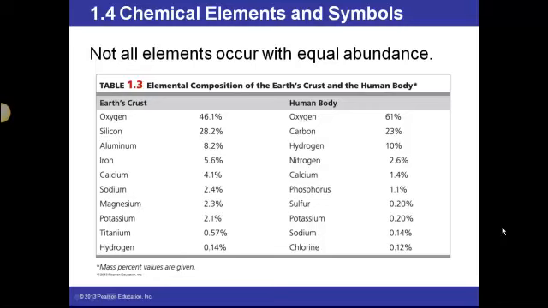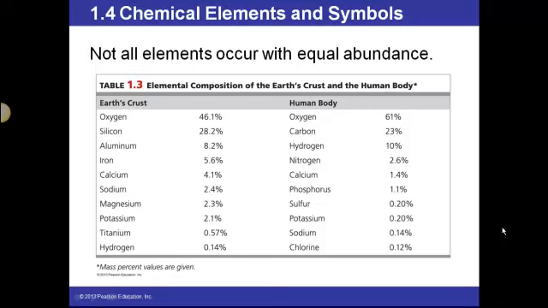So you can see oxygen makes up about 46% of all of the atoms that occur within the Earth's crust. Silicon makes up about 28%, and then aluminum, iron, calcium, sodium, magnesium, potassium, titanium, and hydrogen are the next most abundant elements that we can find in the crust of the Earth.